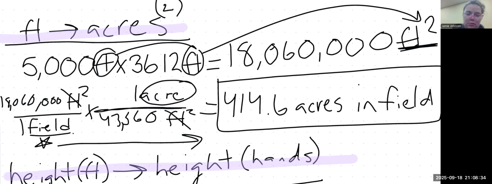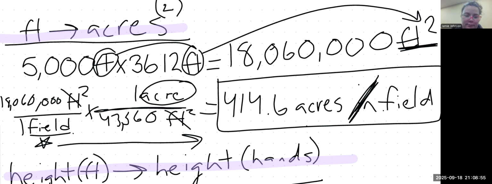And so we could write that with a dash here, acres per field, because you could write it as that fraction. But acres in field is all we need to know.